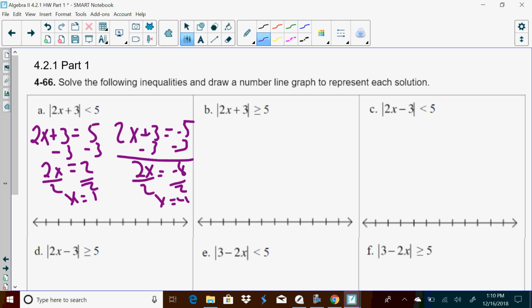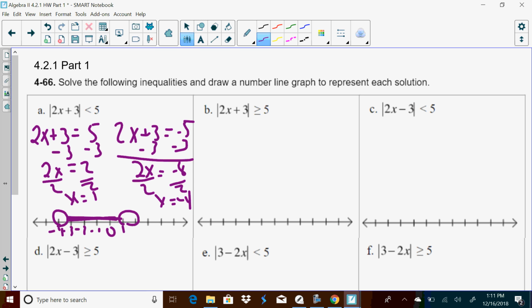And x equals negative 4. So there's an open circle at negative 4 and an open circle at 1. And then plug in values. We plug in 0. We end up with the absolute value of 3, or 3 is less than 5, which is true. So it's in between these two.